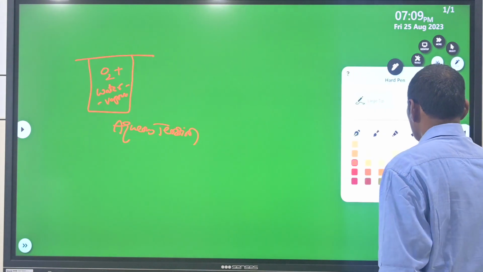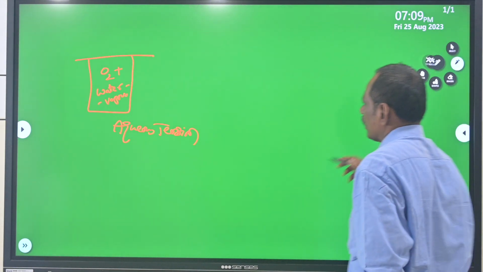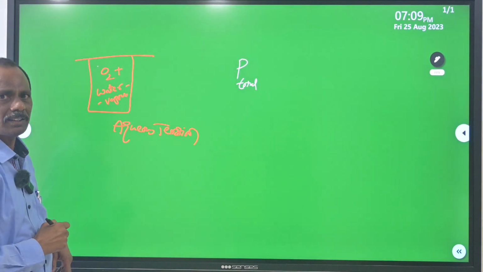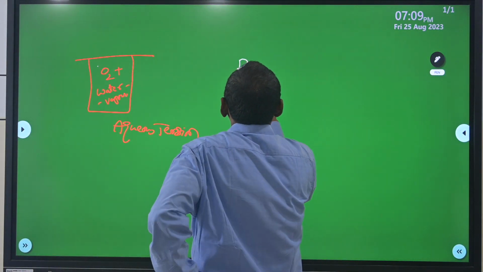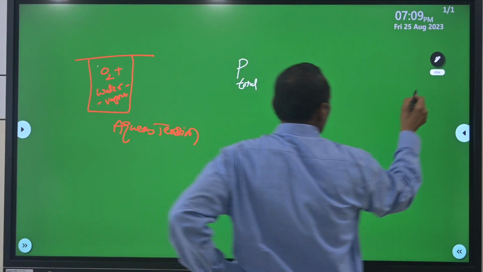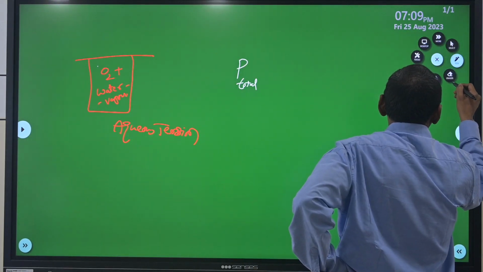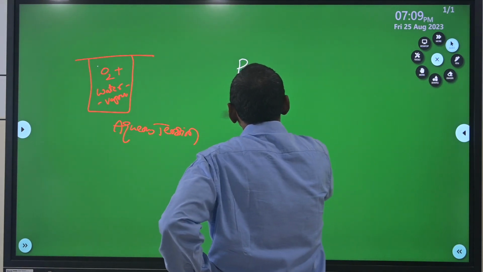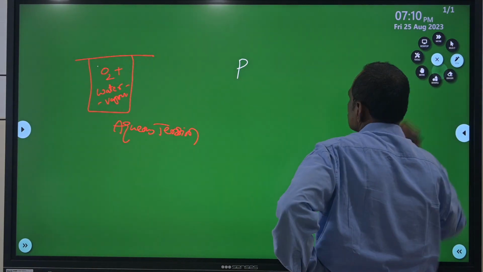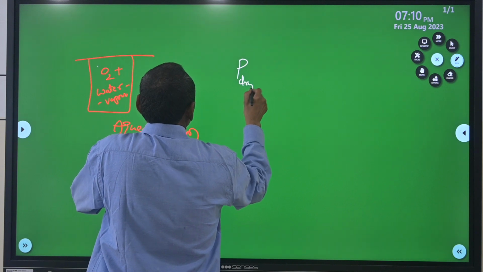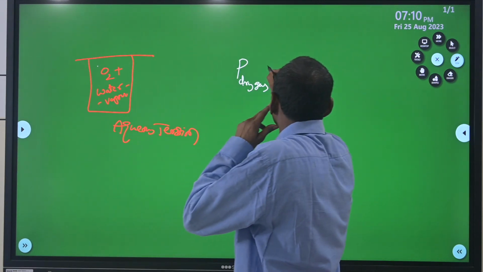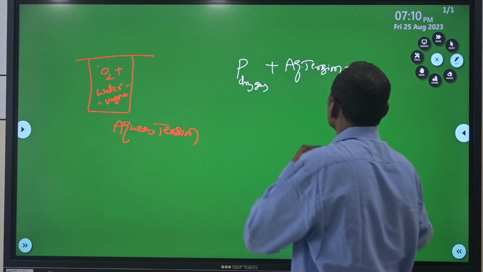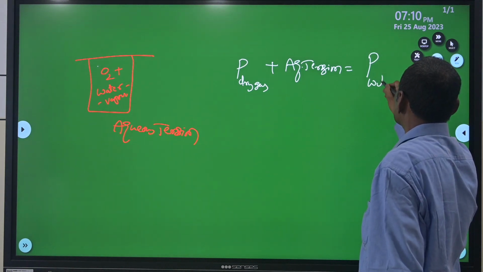Now, Dalton's law is again applicable. The total pressure of a gas which is collected over water is equal to, that means the pressure of a gas, the pressure of dry gas, plus aqueous tension, is equal to the pressure of wet gas.